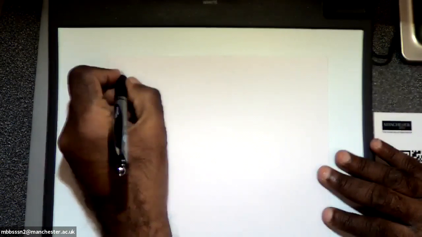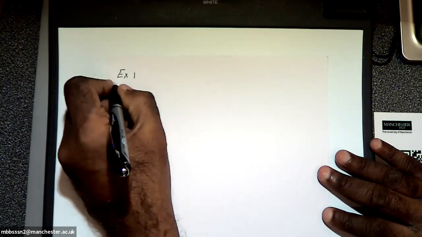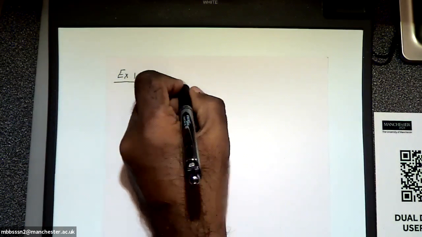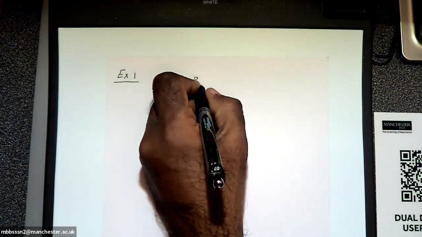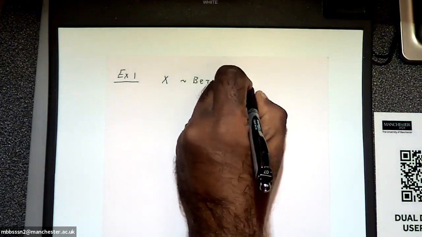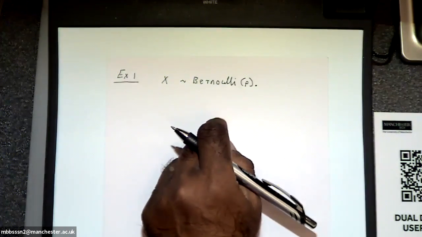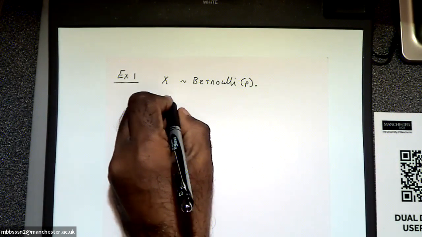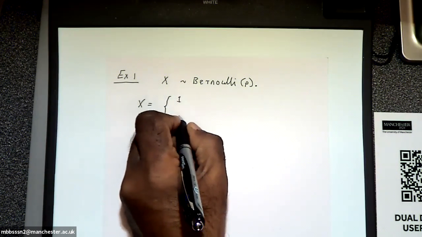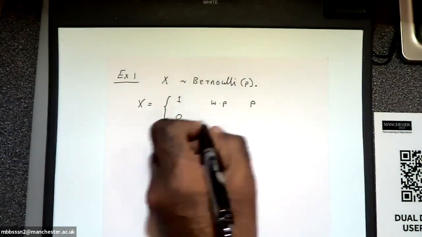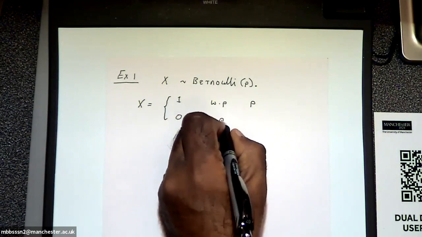In the remaining time, what I'd like to do is some examples. The first example: suppose X is a Bernoulli random variable. I'm sure you're familiar with it, which basically means that it takes 2 values, either 1 with probability p or 0 with probability 1 minus p.